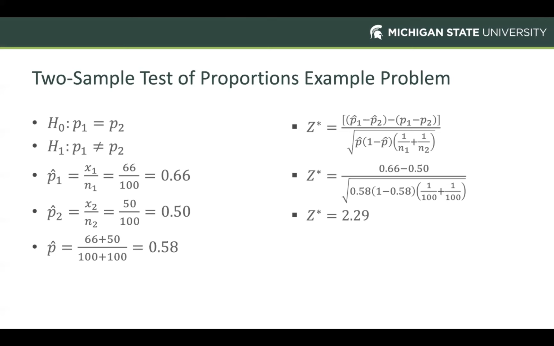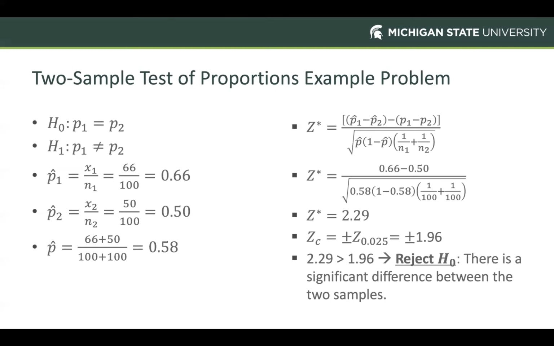And then what we'll find in this case is that that test statistic, well, not as large as in the preceding example, it's 2.29. It still is larger than our critical value, which in this case is going to be plus or minus 1.96. Ergo, we're going to reject the null hypothesis and claim that there is, in fact, a significant difference between those two samples, okay?